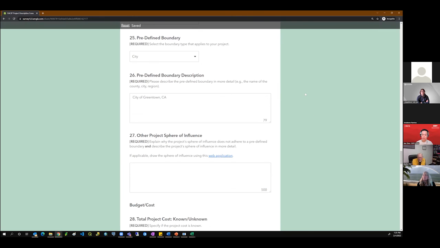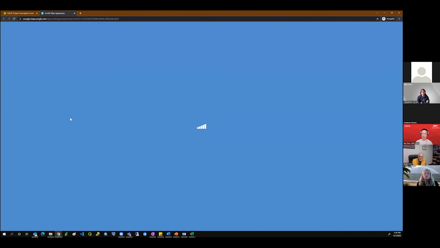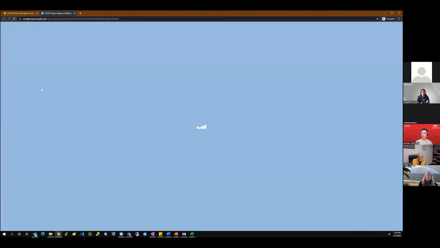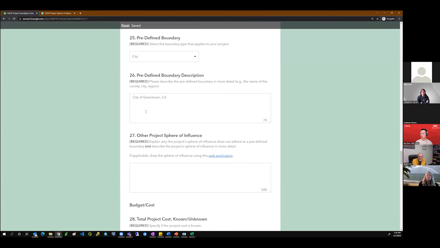So in question 27, we would explain why a predefined boundary doesn't apply, and then describe the boundary in more detail. And if applicable, we could then draw the boundary in this web application that launches. And it really should be an exception that your project sphere of influence doesn't adhere to a predefined boundary. I think in almost all cases, it would adhere to a known boundary.